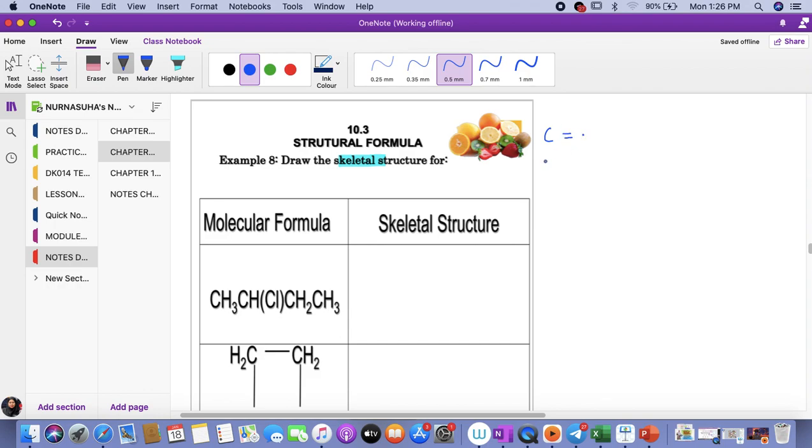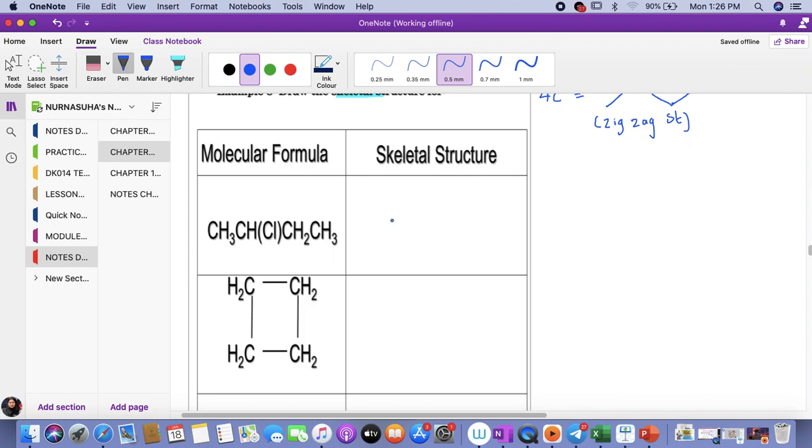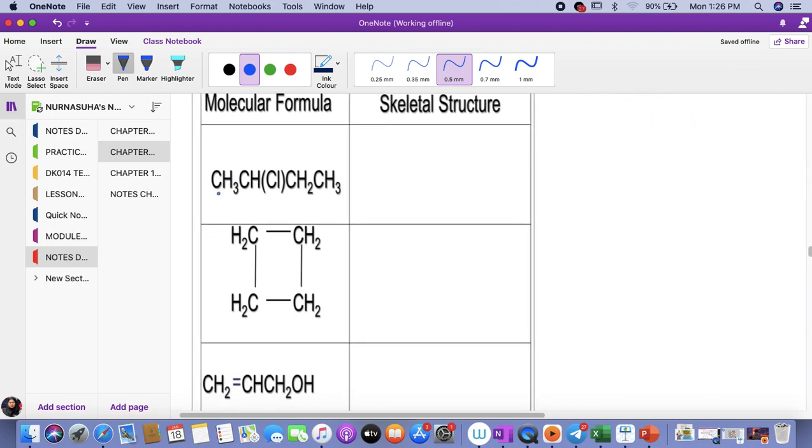Contoh, if I have 4 carbon, so means that you akan ada 4 dot. 1, 2, 3, 4. And we will connect the dot by using line. So this is what we call zigzag structure.